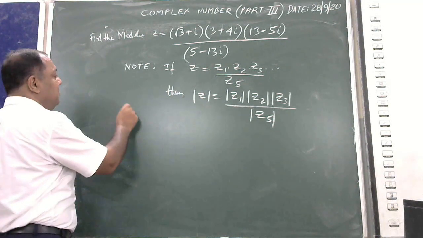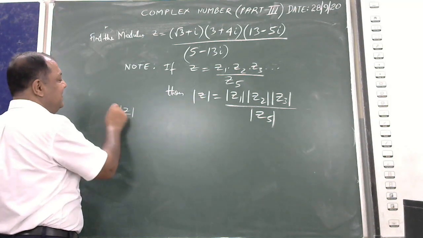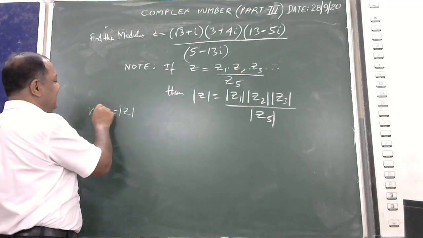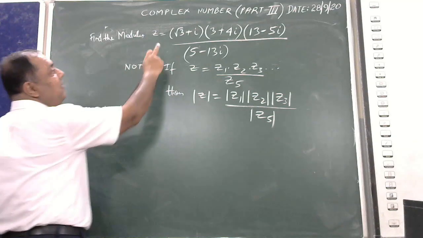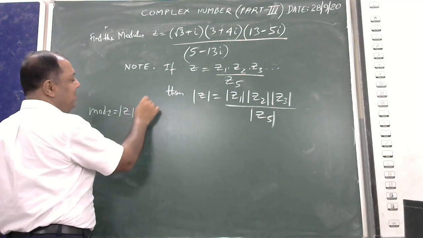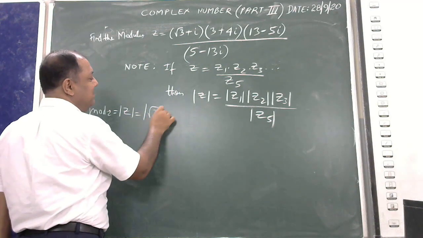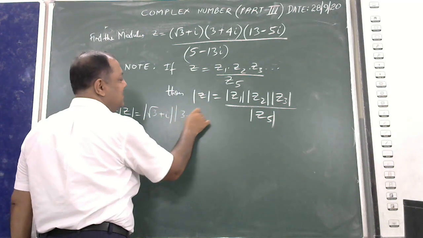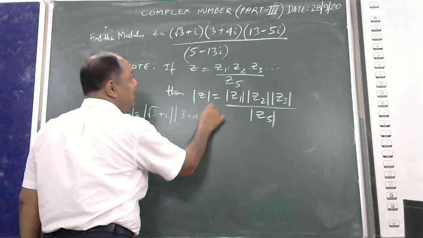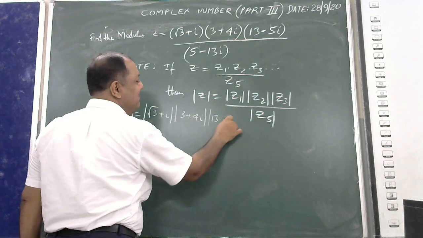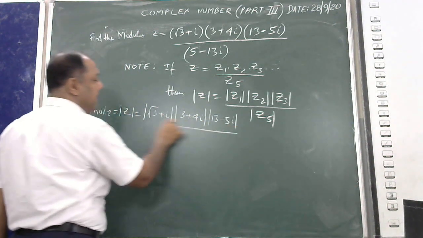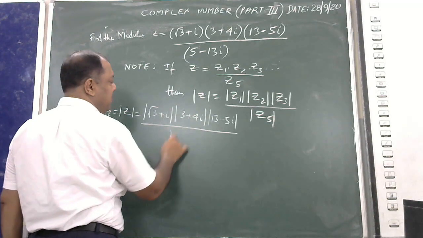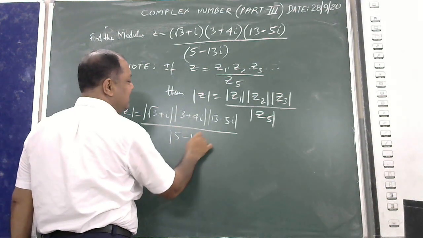Therefore, mod z of this complex number is mod of root 3 plus i, mod of 3 plus 4i, mod of 30 minus 5i by mod of 5 minus 3i.